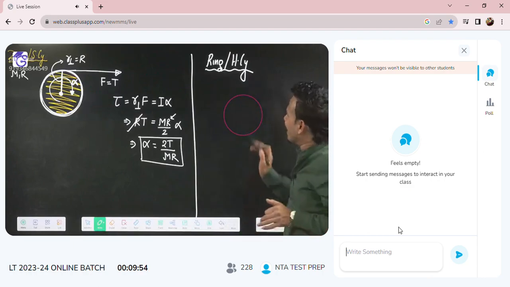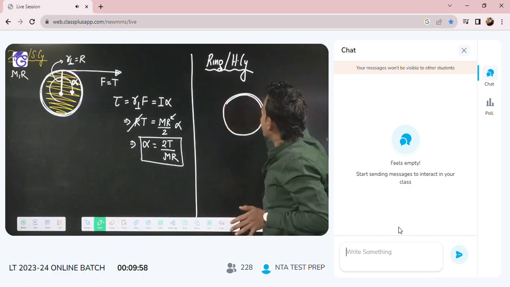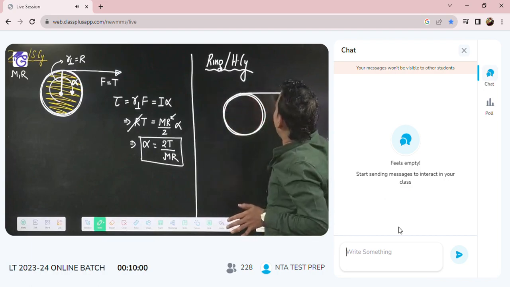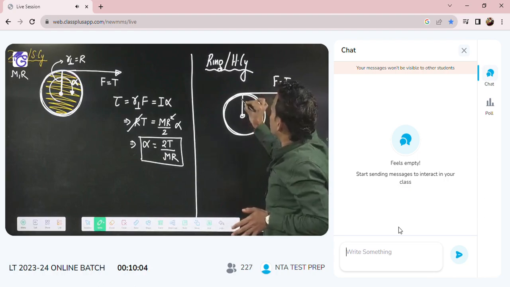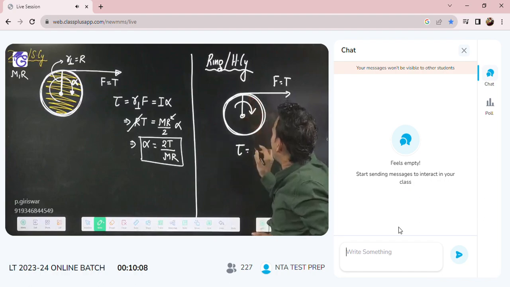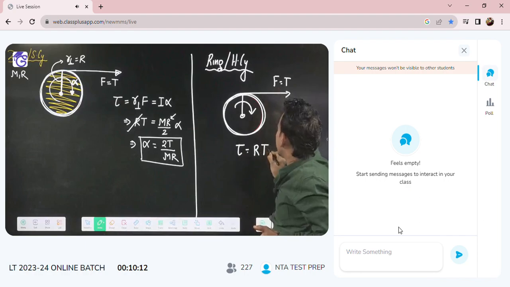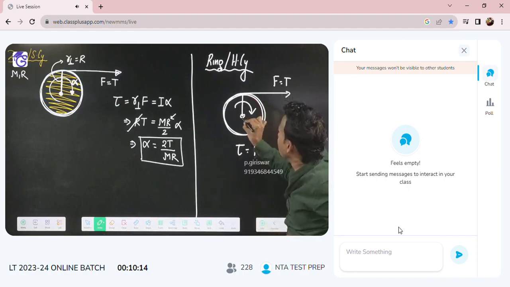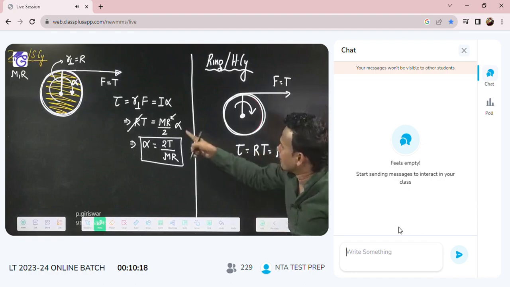If you are using a ring or hollow cylinder, you will simply say, sir, same concept. Again, force will be the tension in the string, and this force will produce torque. R perpendicular will be the radius into F, and F is the tension. That will be I alpha. But I for a ring is only mr square, whereas for a disc it was mr square by 2.